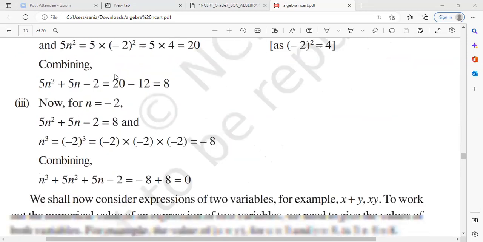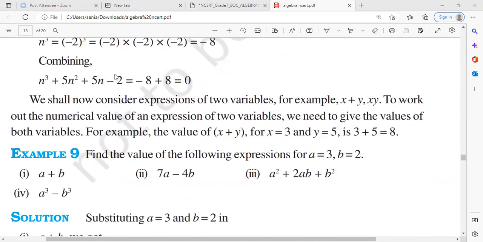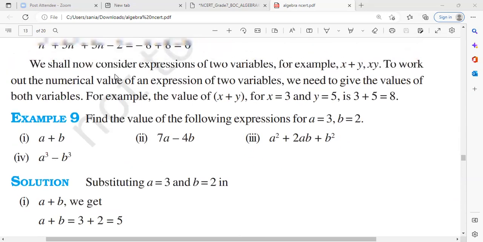Now let's just do the next question. This one.